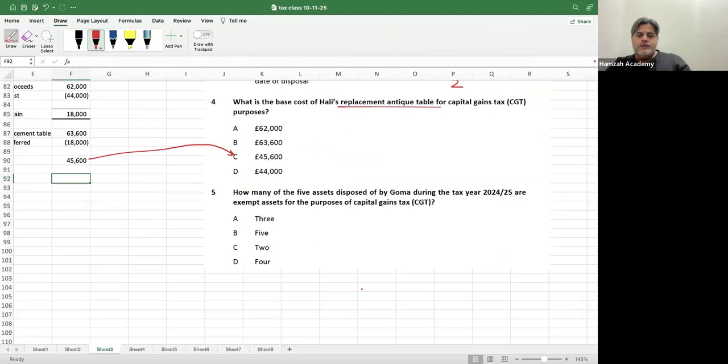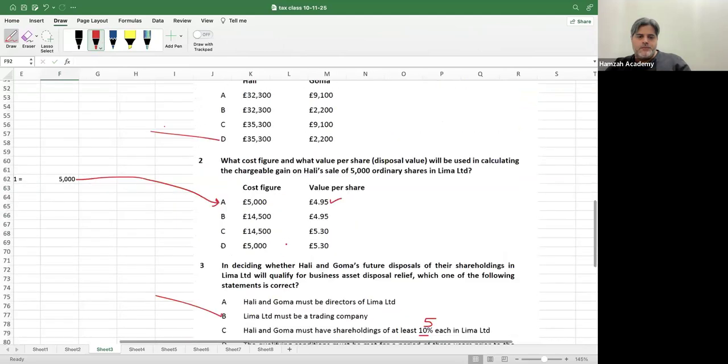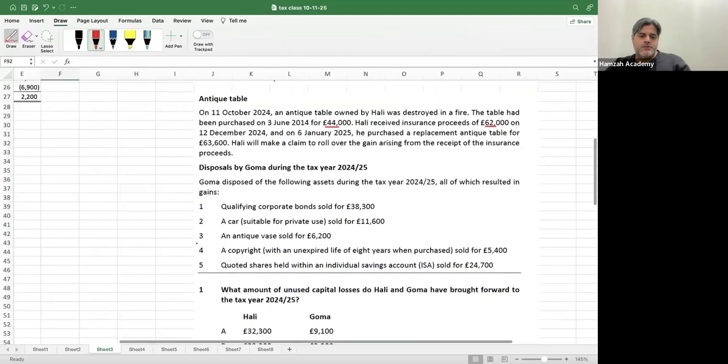Then how many of the five assets disposed of by Goma during the tax year are exempt assets for the purpose of capital gains tax? Now, how many five assets we have? Disposals of Goma. Okay, these five assets. Qualifying corporate bonds sold for 38,300. These are going to be exempt. Then the cars are basically exempt from the CGT as well.